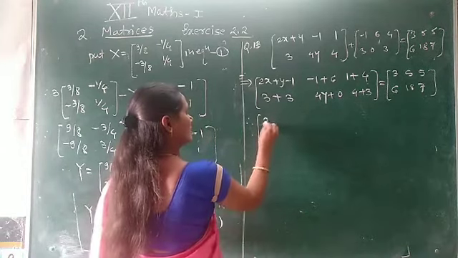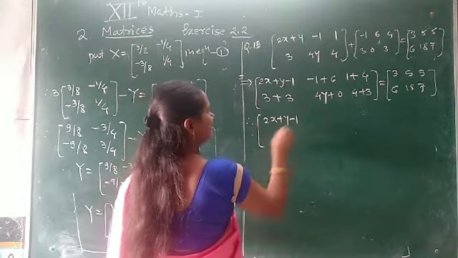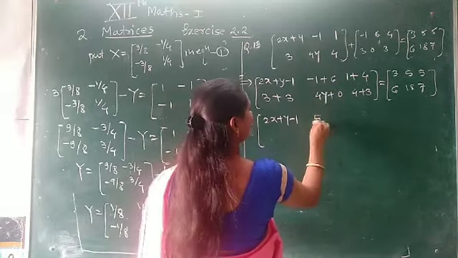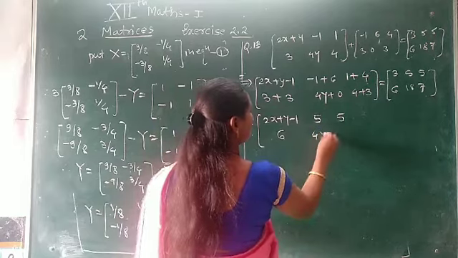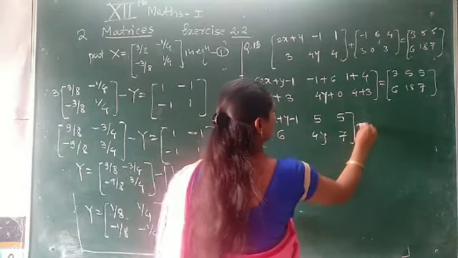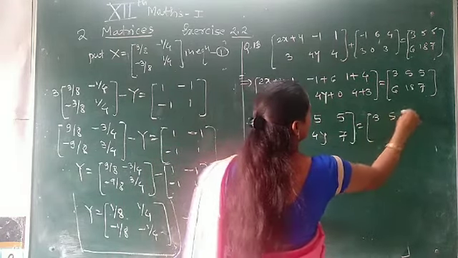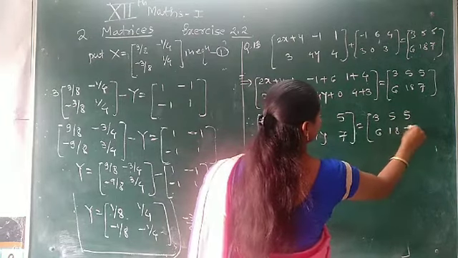Therefore write this 2x plus y minus 1 as it is. Minus 1 plus 6 is 5, 1 plus 4 is 5, 3 plus 3 is 6, 4y and 4 plus 3 is 7, equal to 3 5 5 6 18 7.